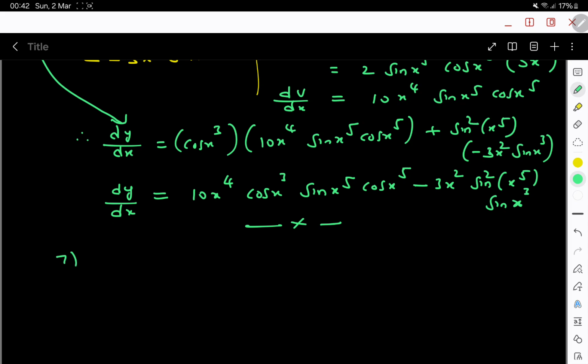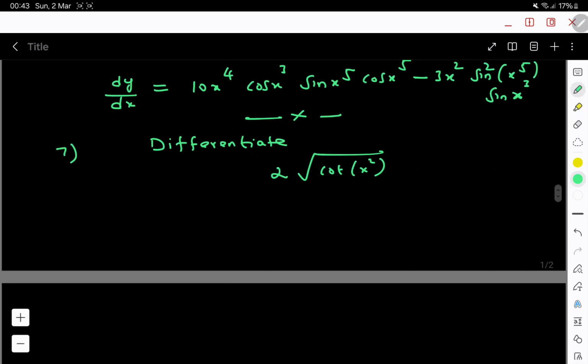Next, seventh problem. Differentiate under root of cot x square. So y equal to under root of cot x square.